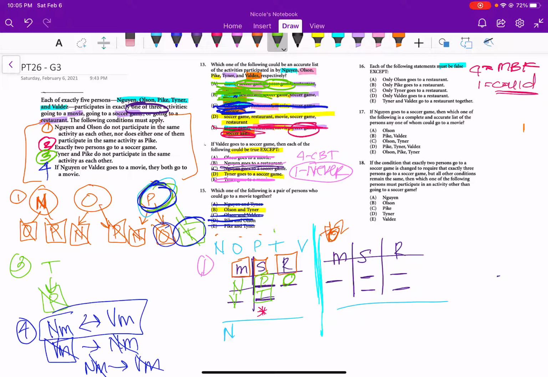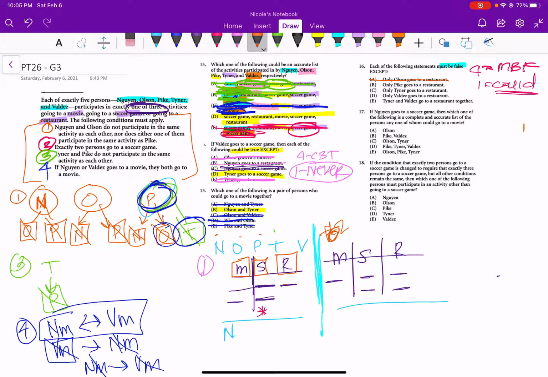And even if we put N and V going to the soccer game together, it would put P and T going to the movie together, and those can never be together. So that one must be false, so it's a wrong answer. I'm going to cross that one off.